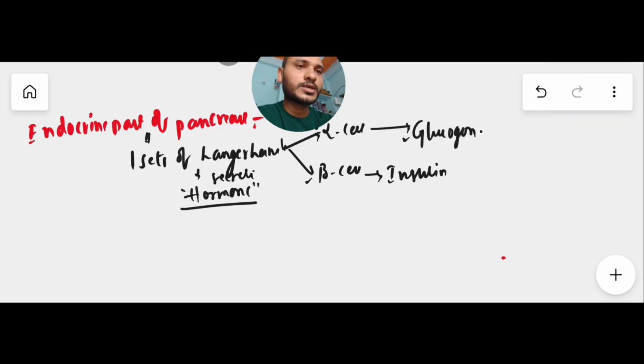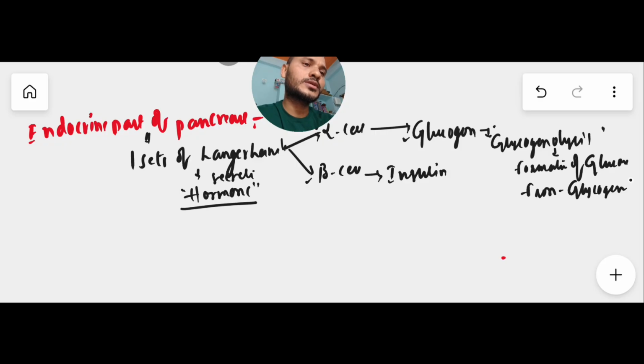This glucagon hormone plays an important role in the glycogenolysis process. Here glycogenolysis means formation of glucose from glycogen, or glycogen breaking down to form glucose, also called glycogenolysis. So formation of glucose from glycogen is called glycogenolysis.